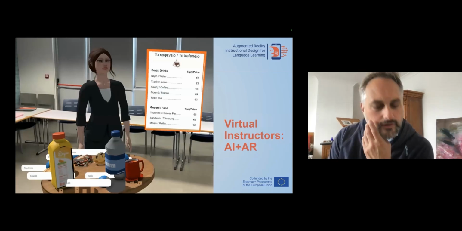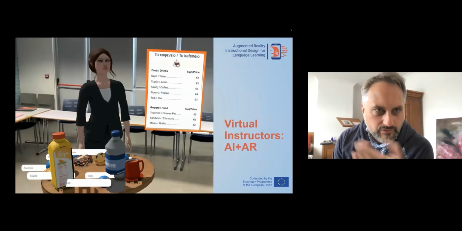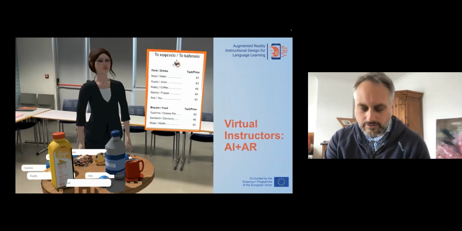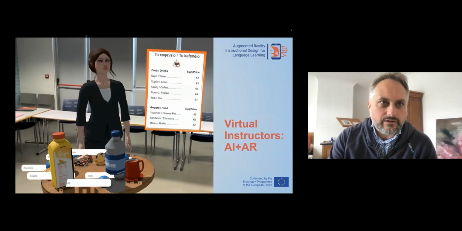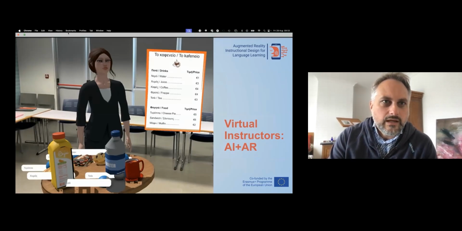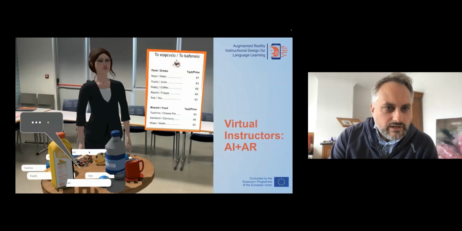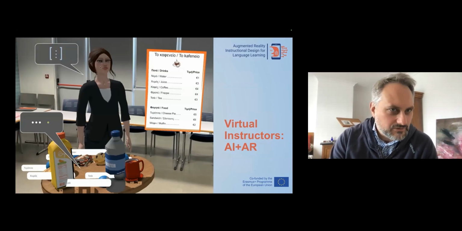So if we look at our example, we've seen versions of this now in the earlier presentation already. This is pretty much echoed here. We have the same thinking here, and the information exchange happens with the virtual instructor.